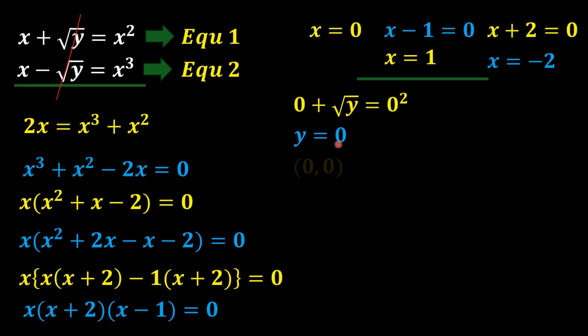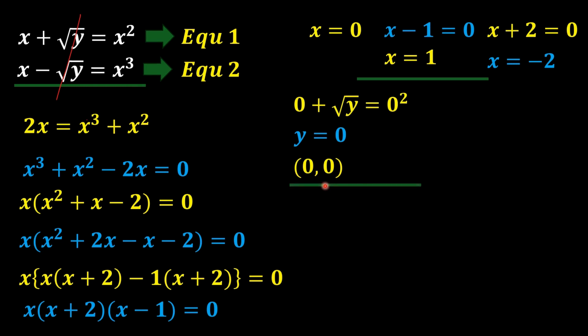So here we get the ordered pair 0, 0. It means that when the value of x is 0, then inside this equation the value of y will also be 0.